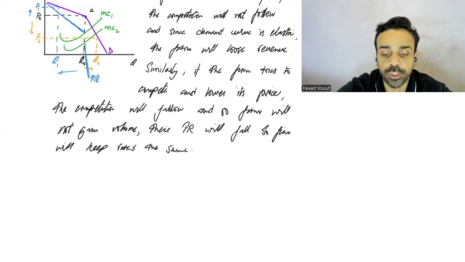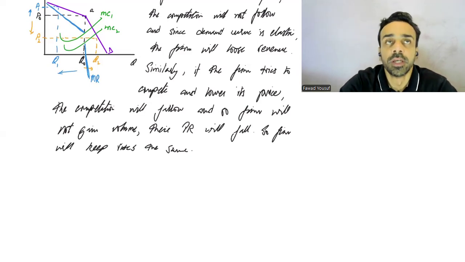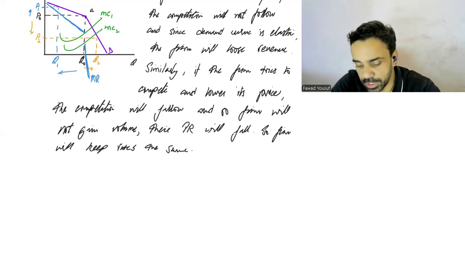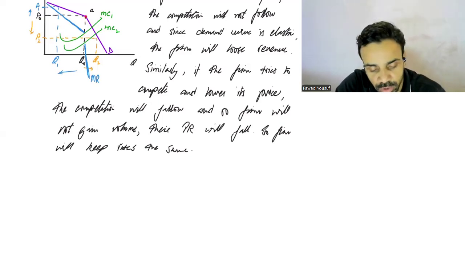The firm will continue to produce where they are. Again, going back to the question, even if the oligopolies try to compete, they're going to end up with higher prices and again inefficiency, because price is above marginal cost.